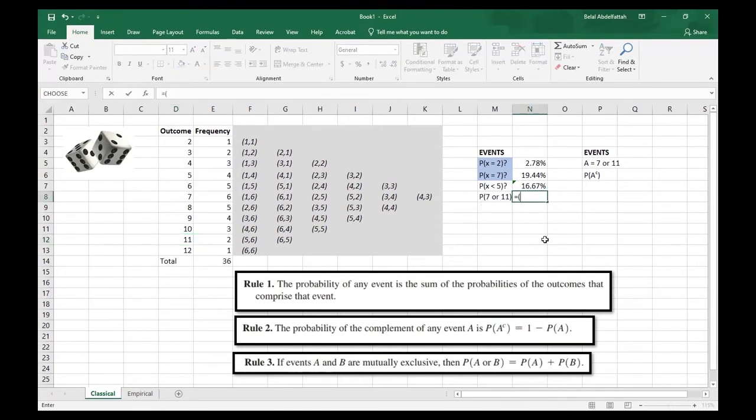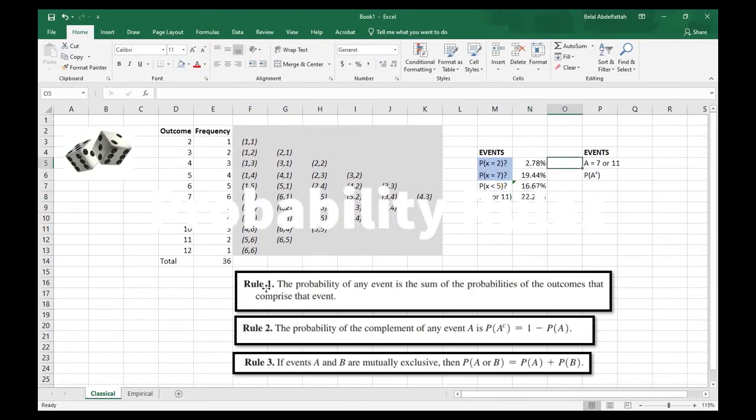Let's see if I can put this all in one cell and not mess it up. So I'll say for the event of 7, we have a 6 over 36. So I'll say 6 over 36 plus open parentheses, and 11, we have 2 over 36, close parentheses, and this is what we end up getting here.